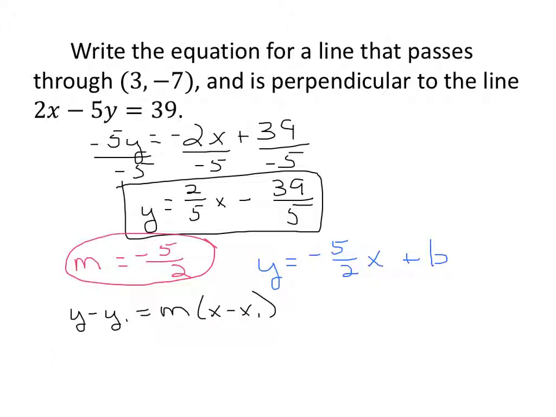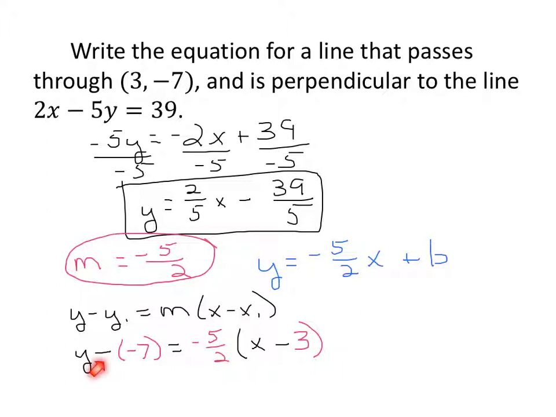y minus, and y1 would be negative 7, equals, and then m we know is negative 5 halves, and then we have x minus, and then x1 is going to be 3. So I brought my negative 7, plugged it in for my y1 here, and you have to be careful of the negative signs.